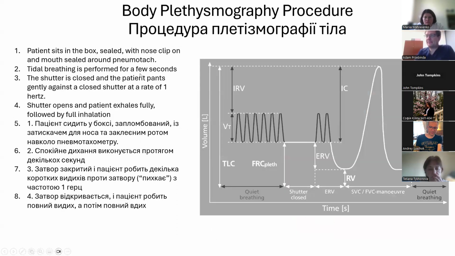So the procedure is kind of outlined as follows. The patient sits in the box. The box is sealed. There is a nose clip on the patient's nose, and the mouth is sealed around this pneumatic device that measures pressure, flow, etc. The patient then breathes tidally for a few seconds, and that's what this portion is here. This is tidal breathing here, okay?